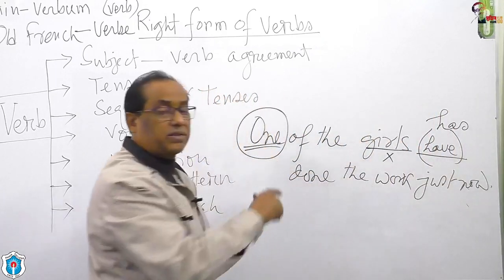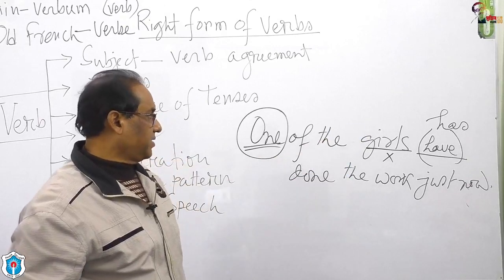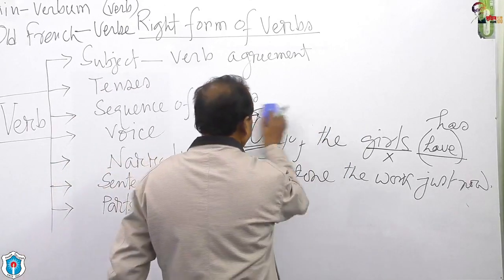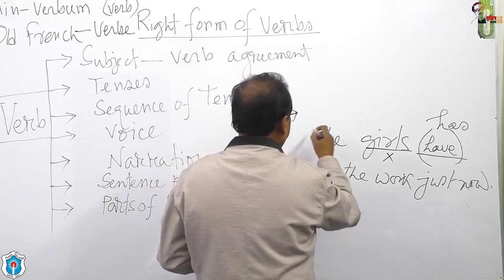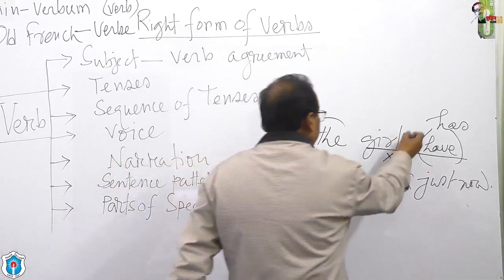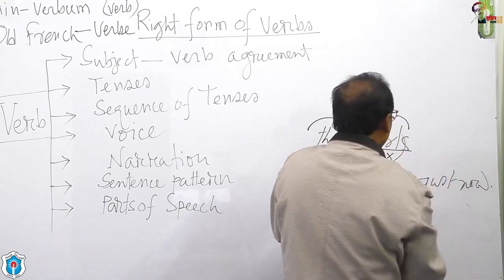If the subject is third person singular number, then you have to use has. But the girls, here girls is the head word. Then the verb is have.